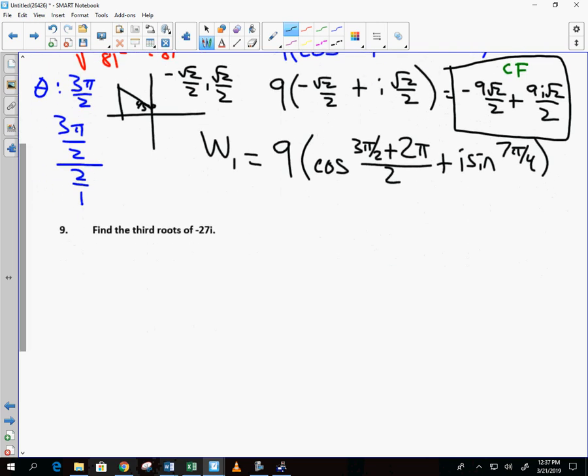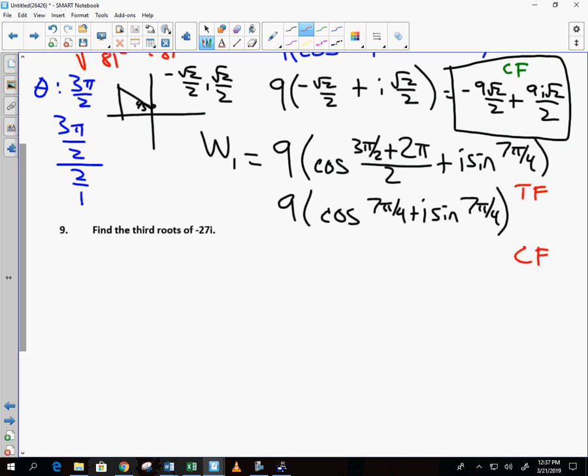So I got 9 times the cosine of 7 pi over 4 plus i sine of 7 pi over 4. What do we call that guy? Yep, trigonometric form. And what do we want to do with that? Turn it into complex form.